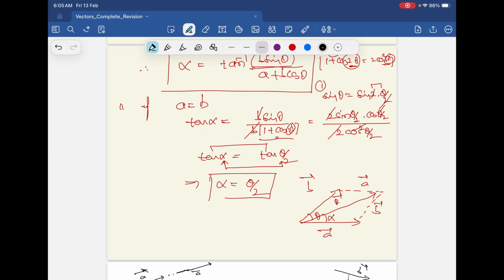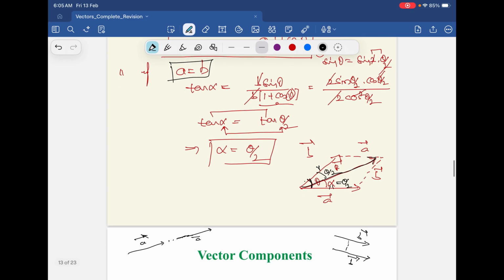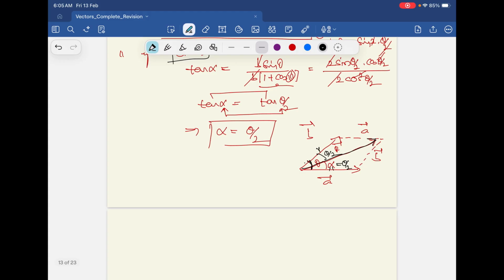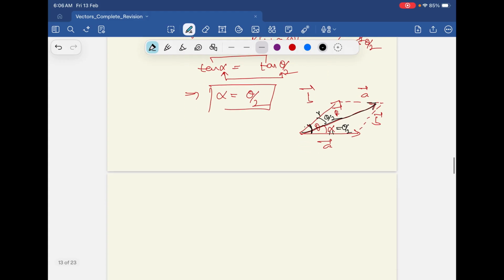When a is equal to b, alpha is theta by 2. Total angle is theta; when this is theta by 2, this also becomes theta by 2. What does it mean? That means the resultant is bisecting the vectors. Very important result. Whenever two vectors are of equal magnitude, the resultant will bisect the angle between the vectors, students.